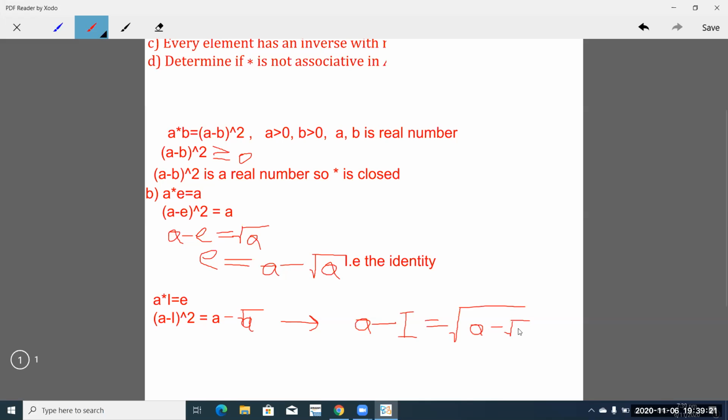Yes, sir. Nice. So now to make I the subject, we bring I over here and bring this part over here to get that I is equal to A minus all of that. So I is equal to A minus the square root of A minus root A. All right?